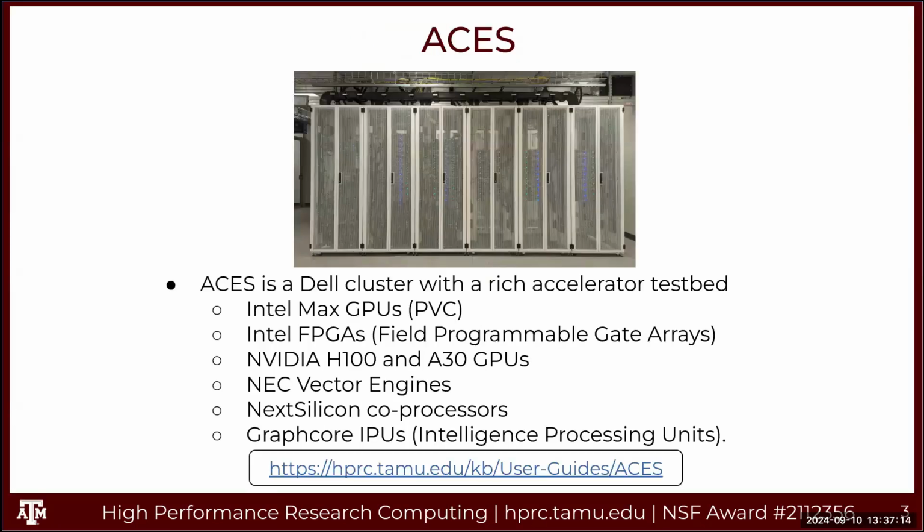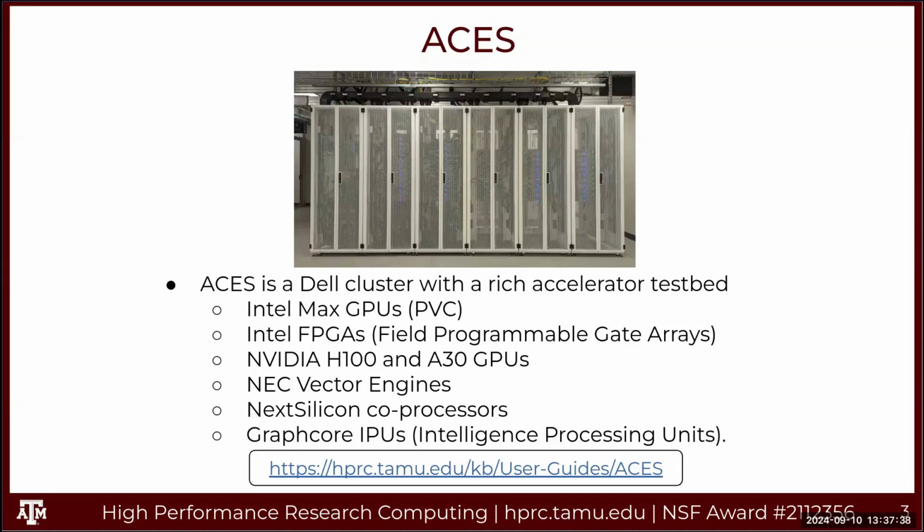So this is an image of the ACES cluster. It's a Dell cluster, and there's a number of accelerators attached to multiple nodes. So we have the PVC, those are the Intel Max GPUs. There's Intel FPGAs. There's NVIDIA H100s and A30s.